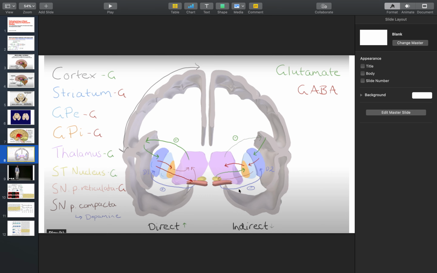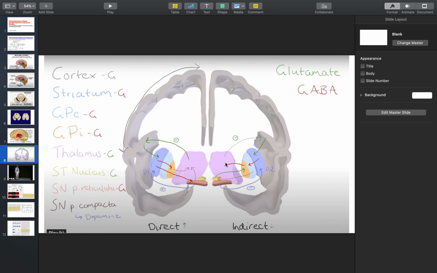And then this D2 inhibitory, and through the arrows, you can see it's confusing between direct and indirect, excitatory and non-excitatory. But regardless of whether it's GABA or dopamine direct, D1, it's going to disinhibit the thalamus, which is the inhibitor.